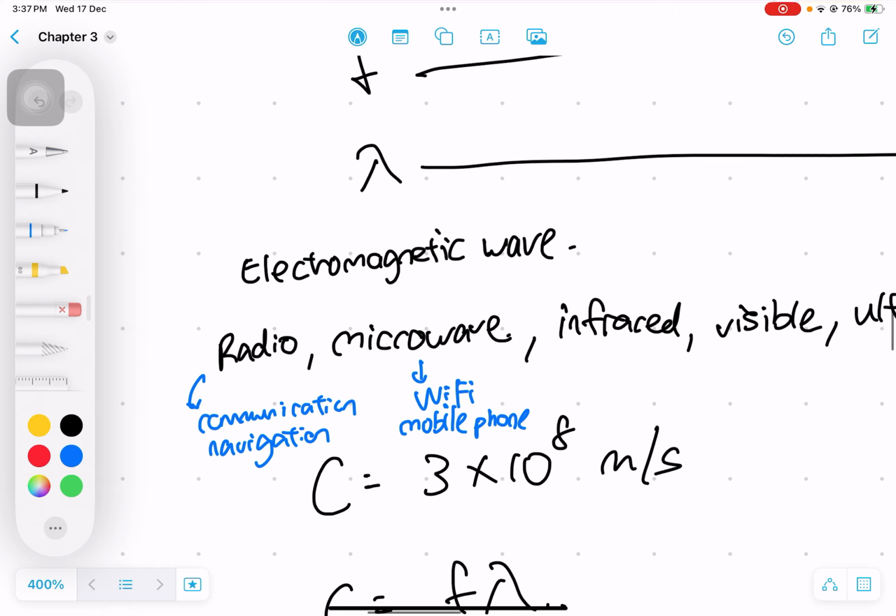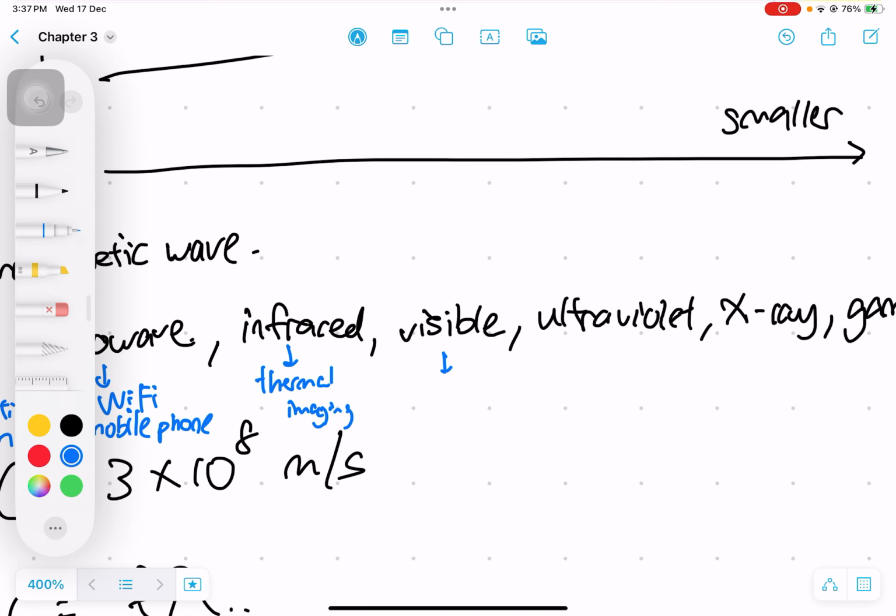Infrared is thermal, so we can say remote control, thermal imaging, very simple. Visible is like vision, you can see something. Ultraviolet we can say is about sterilization. X-ray is medical equipment.